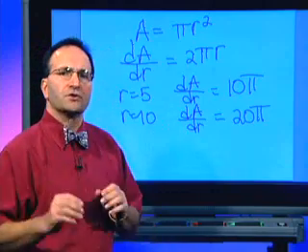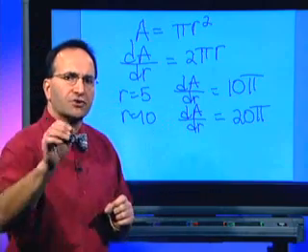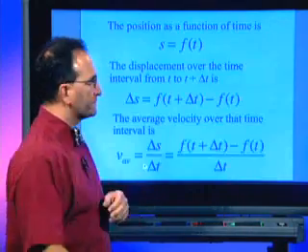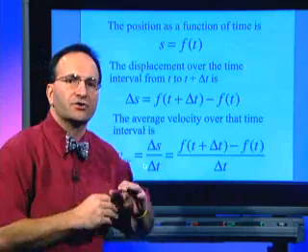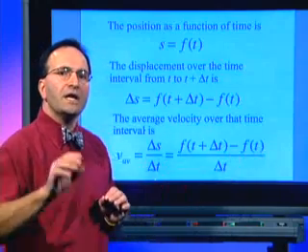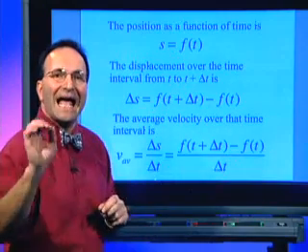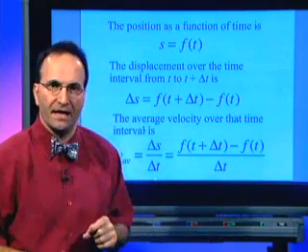Next, what we're going to do is look at motion along a straight line. Suppose an object is moving along a straight line so that we know its position as a function of time is s equals f of t.